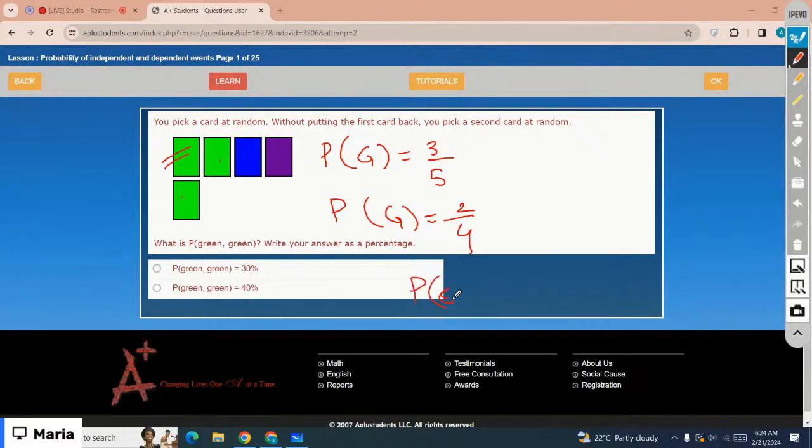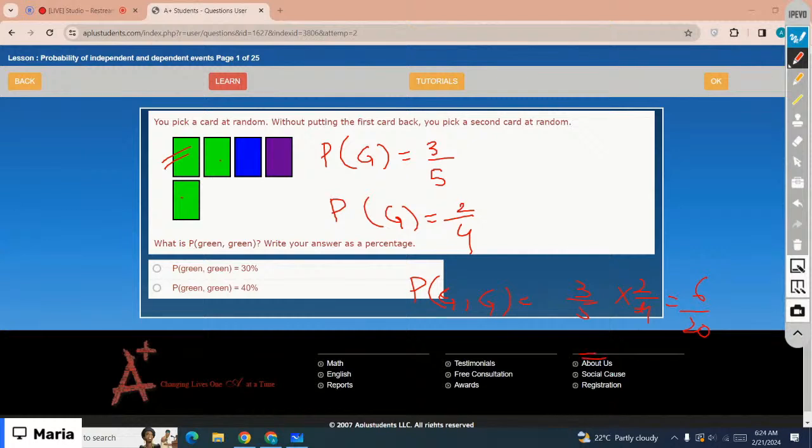So since they are dependent events, you simply have to multiply the probabilities. That is 3 times 2 is 6, and 5 times 4 is 20. You have to write down the answer in percentage form. So 6 divided by 20 is 30%. You simply divide 6 by 20 and multiply by 100, so that is 30%.